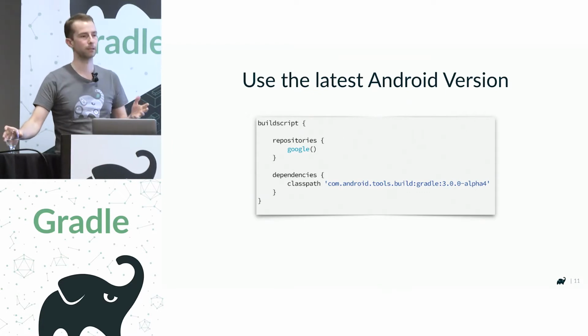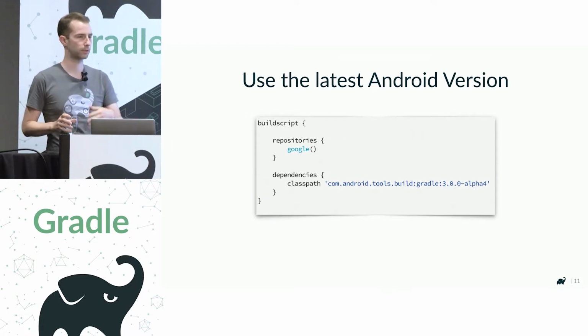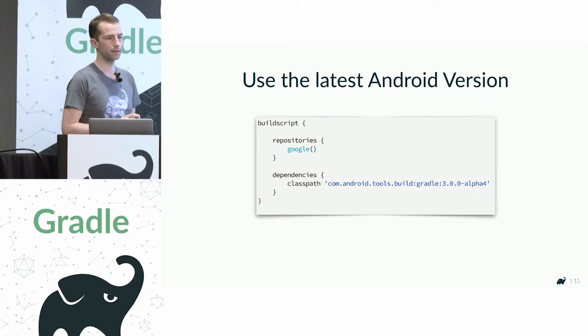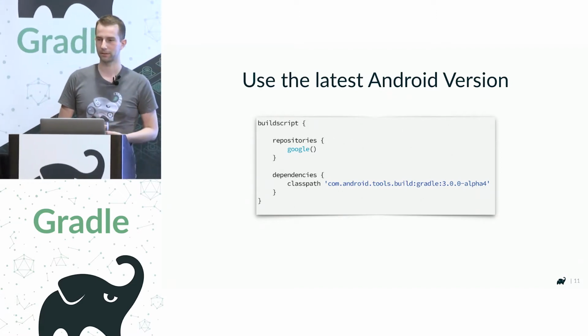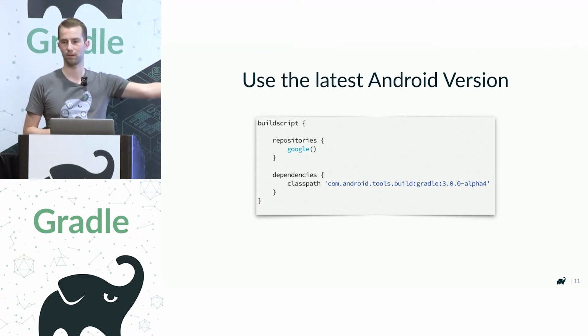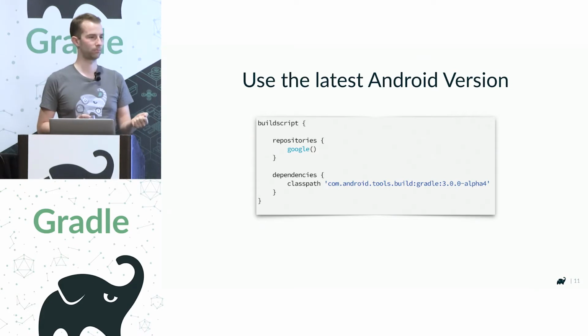And that fundamentally improves configuration time because nothing needs to be looked up front anymore. It can just do it when it really needs those dependencies. And it doesn't need to build anything that it doesn't need. So in the old version, it would build the full AAR of a library just to merge the manifest of the app.